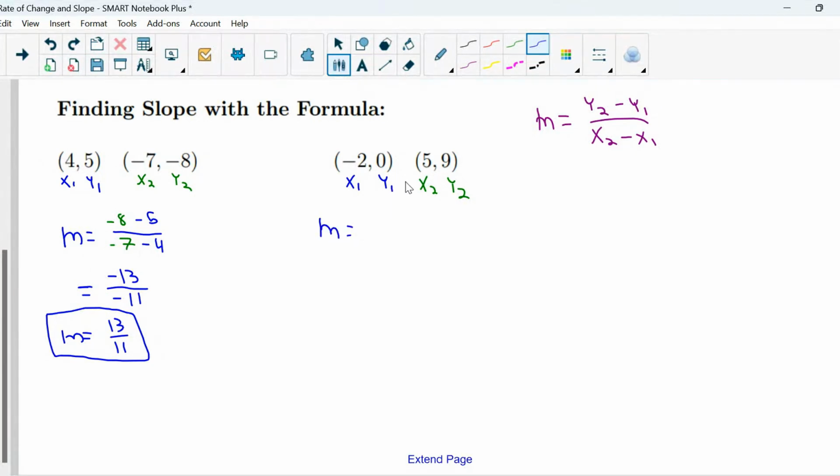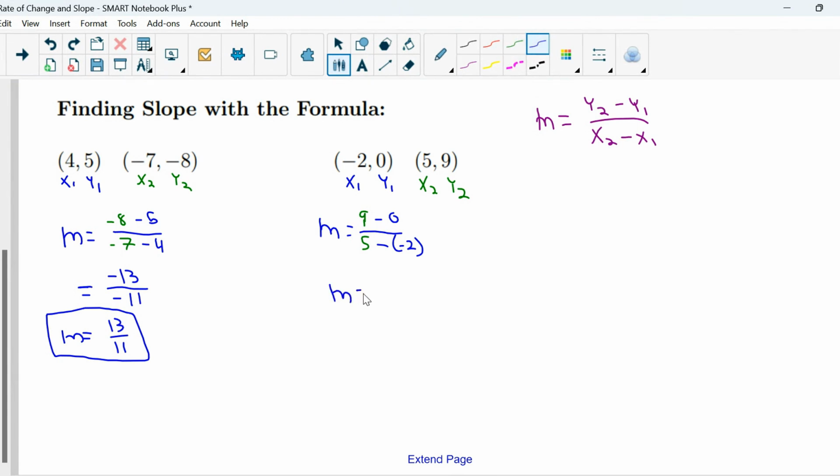So this gives us y2, which is 9, minus y1, which is 0, over x2, which is 5, minus x1, which is -2. Remember, when substituting in your negative values, make sure that you put parentheses around them.